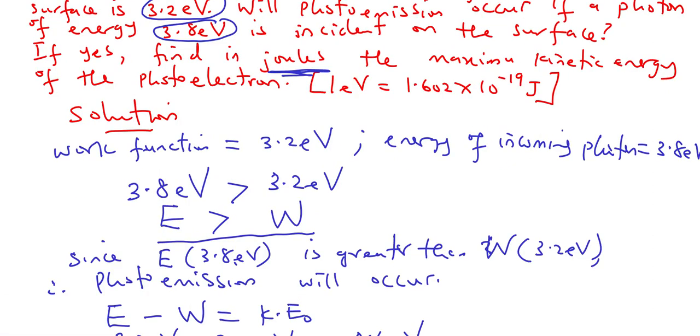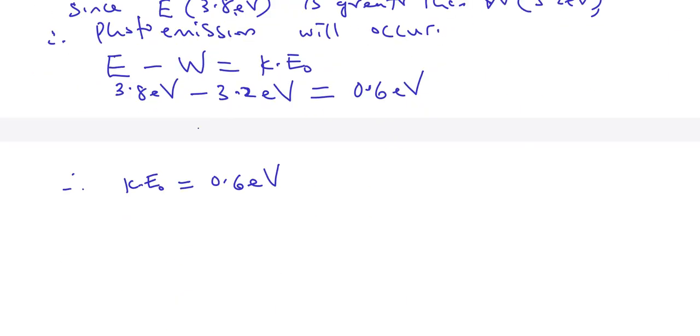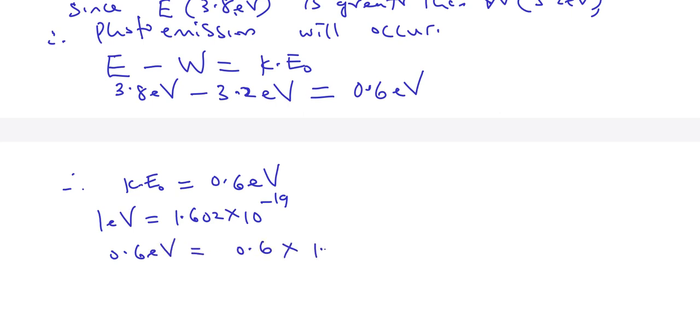Thank God we are given the hint. We are told that 1 electron volt is 1.602 times 10 to the minus 19 joules. So 0.6 electron volt will be 0.6 times 1.602 times 10 to the minus 19 joules.